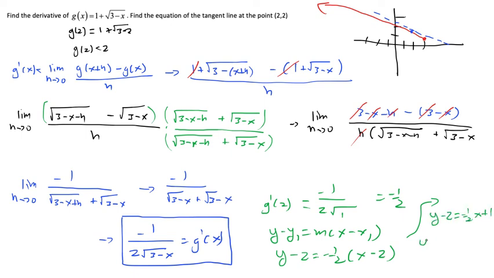I'll add that 2 back over to the other side, and I'll get my final answer: y equals negative 1/2 x plus 3. So we have the equation for the derivative, and we have the equation for the tangent line at the point (2, 2).